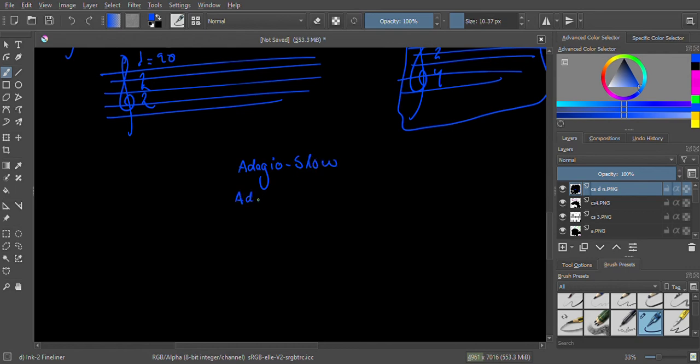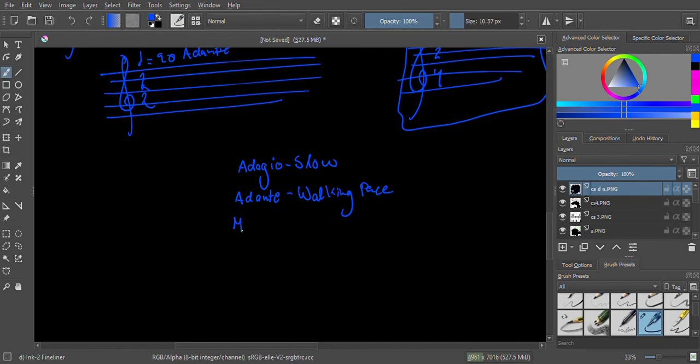Andante, spelled like this, and once again it's written above the staff, means at a walking pace, slightly faster. Walking pace is literally what it translates to. It's not too fast or slow, slightly faster than slow.